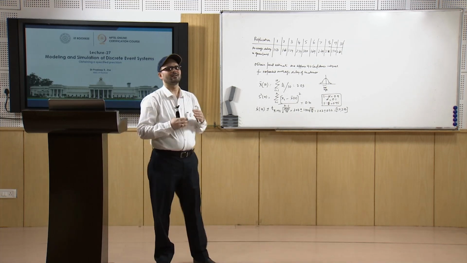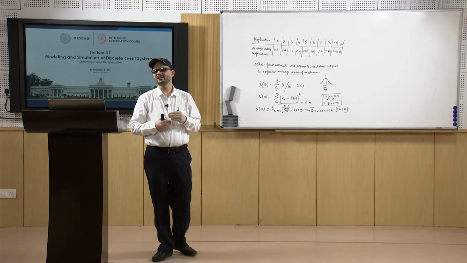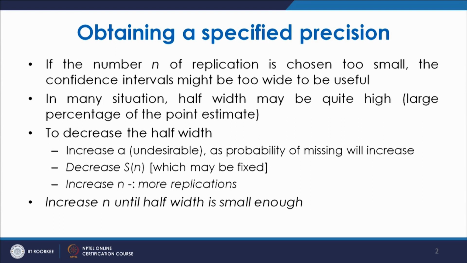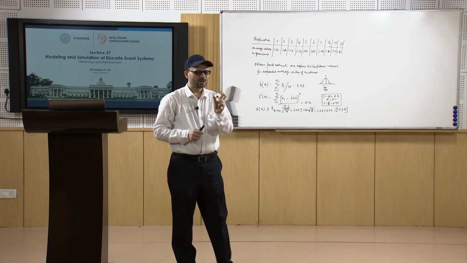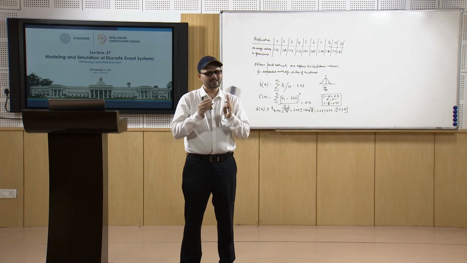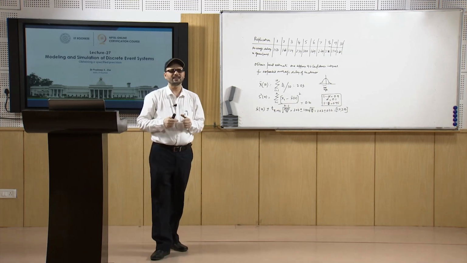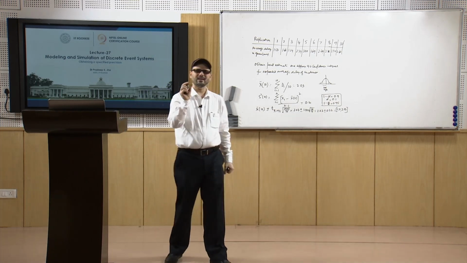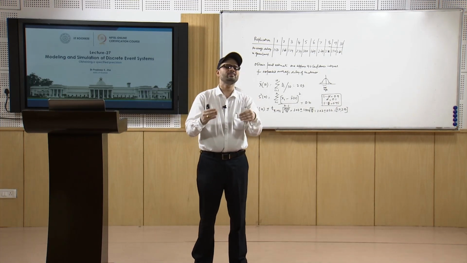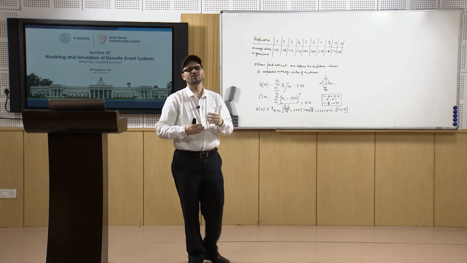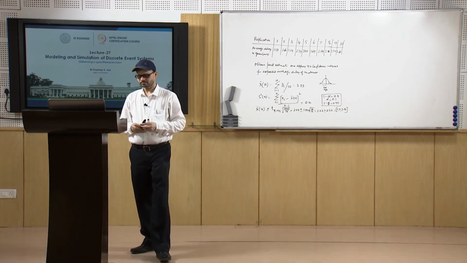If we increase alpha, the half width will reduce, but then increasing alpha means this probability value is increasing. In that case the chances of the number going beyond that will be more. So, that is not advisable.